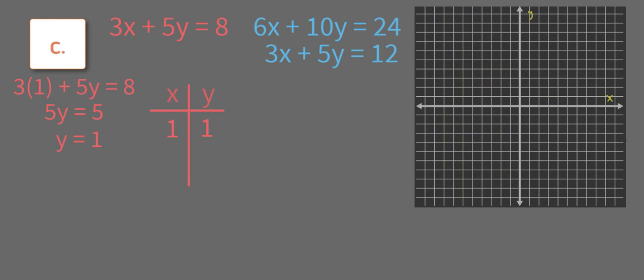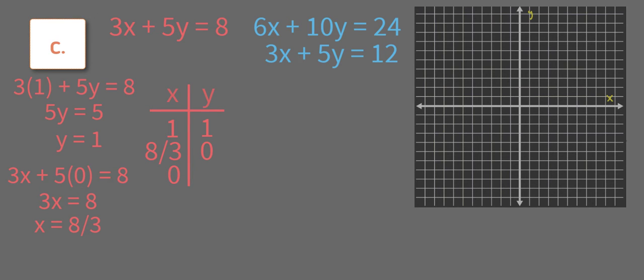Let's say y equals 0. So when y equals 0, we have 3x equals 8, so x equals 8/3, or 2 2/3. And then we'll go ahead and use x equals 0. And yes, I know I didn't go in order. It doesn't matter as long as we plot the 3 points that are there.